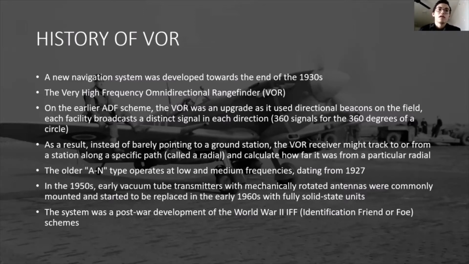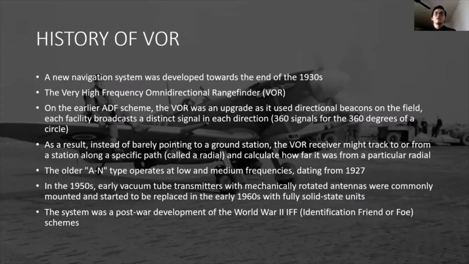And continuing from that, in the 1950s, they used to have vacuum tube transmitters because transistors were not created at that time, and they had mechanically rotated antennas, but that started to be replaced in the 1960s with fully solid state units.